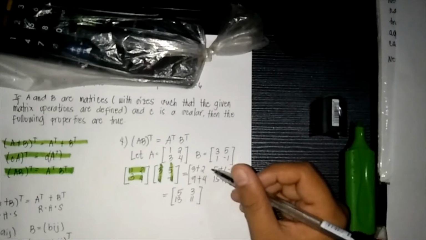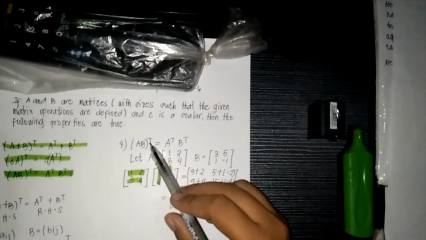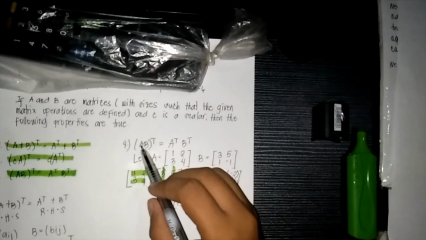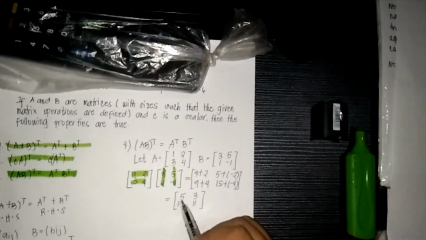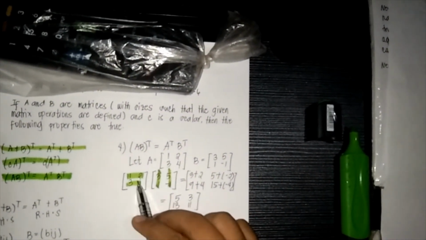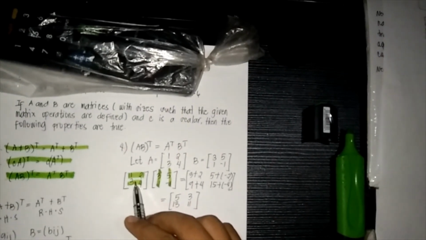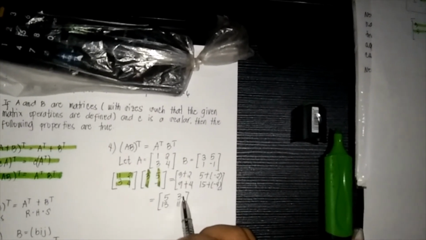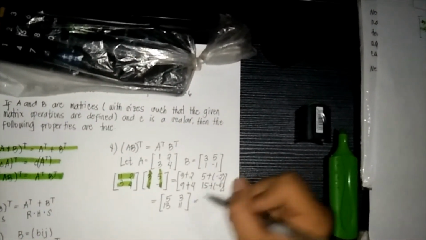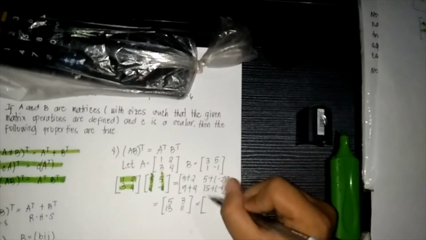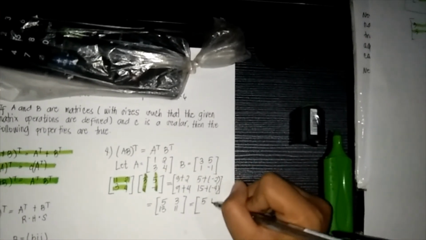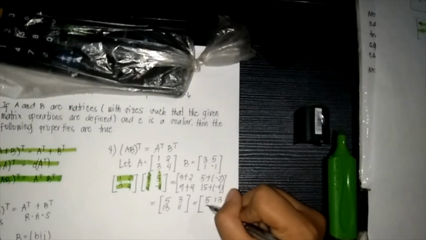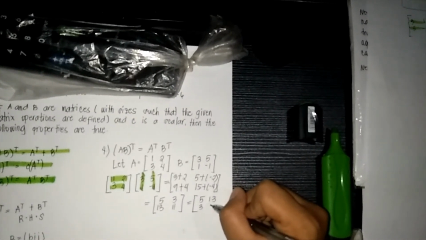If we are going to apply the transpose here, this is the answer for the matrix A multiplied to the matrix B. It is equal to 5, 3, 13, and 11. If we apply the transpose, it will equal 5, 13, 3, and 11.